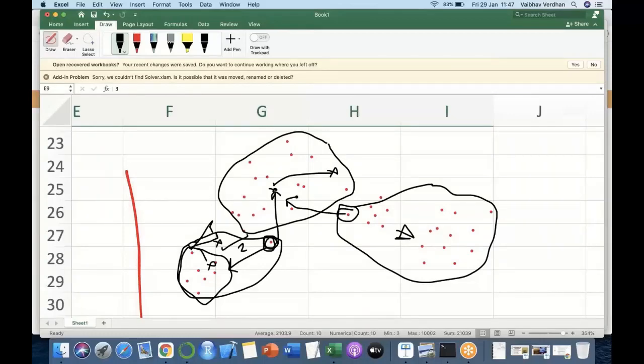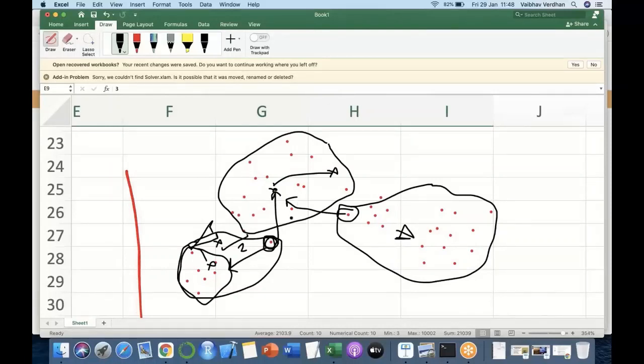Then you would again recalculate your centroids, and the reassignment will happen again. This process will continue till the reassignment of the points does not give different results. Till that point, the process will continue. And once that end state is reached, once you cannot change your clusters anymore, we would say that yes, my clustering is complete.